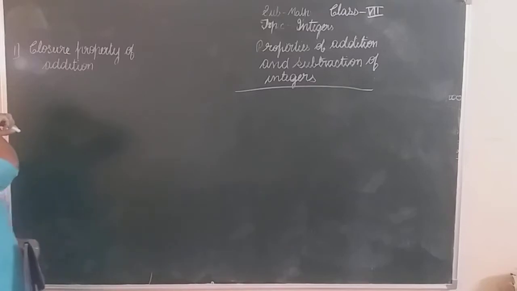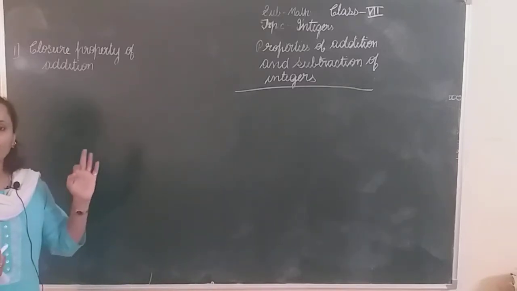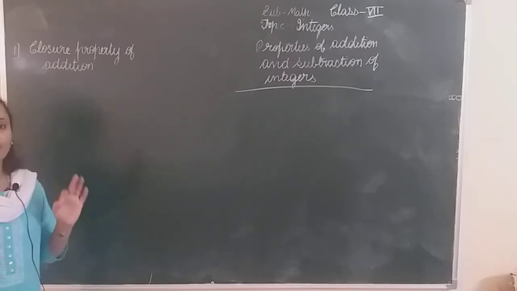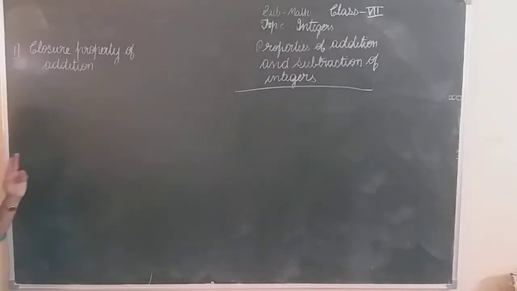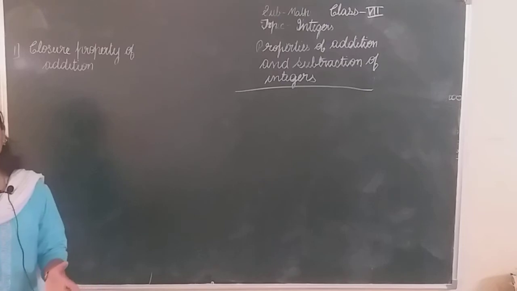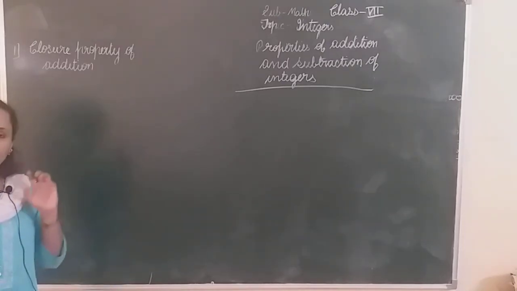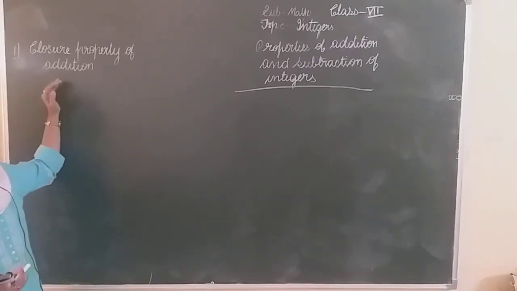Closure property of addition is nothing but when you add any 2 numbers, the answer you get is always an integer. When you add any two numbers, you naturally get a number as the answer. So when you get an integer as the answer, that means it is the closure property of addition.